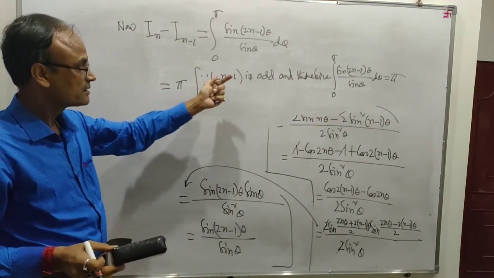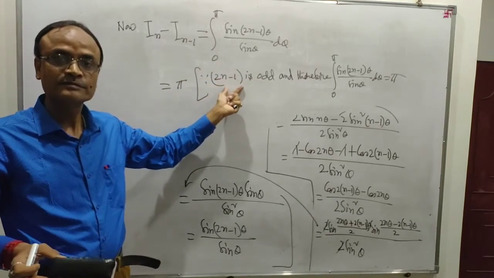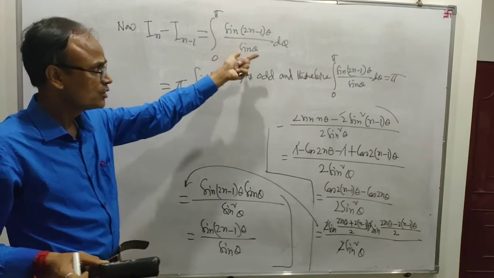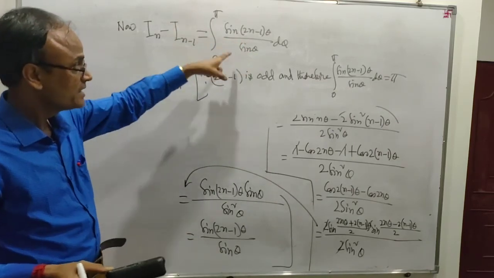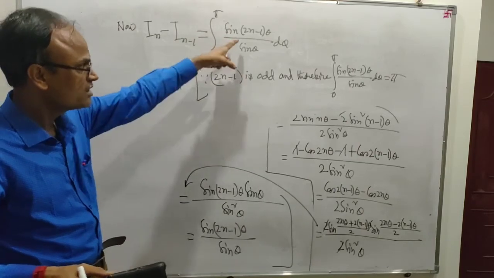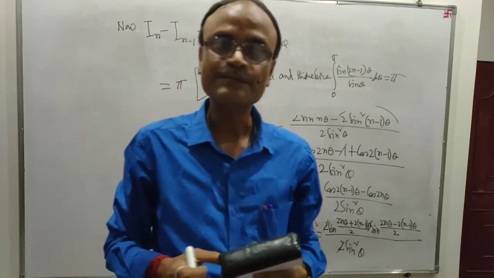If it had been an even number, then the result would have been equal to 0. And it is odd, therefore the result is equal to pi.